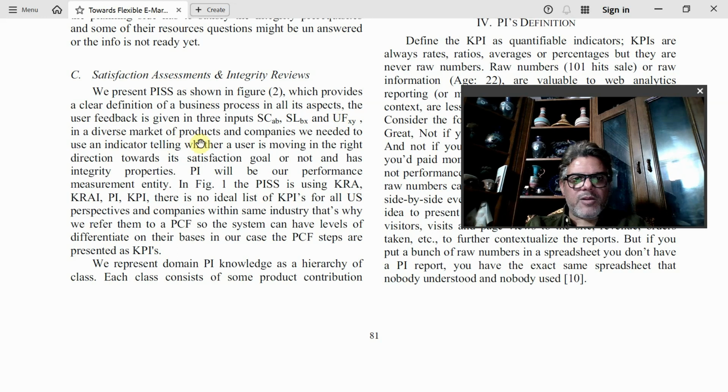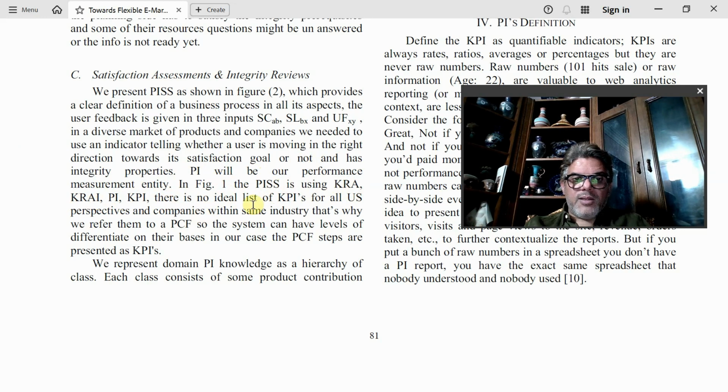In a diverse market of products and companies, we needed to use an indicator telling whether a user is moving in the right direction towards their satisfaction goal or not, and has integrity properties. Performance evaluation will be our performance measurement entity. In figure 1, process indicator by satisfaction is using key result area indicator, performance indicator, key performance indicator.